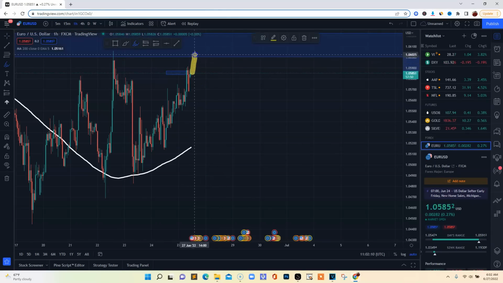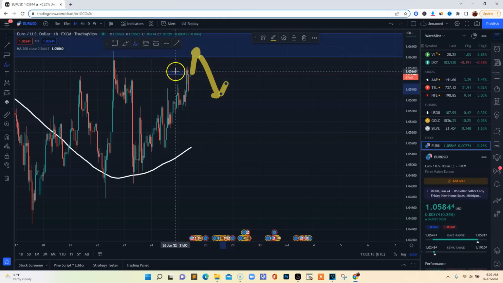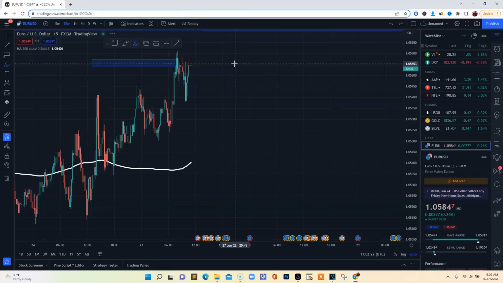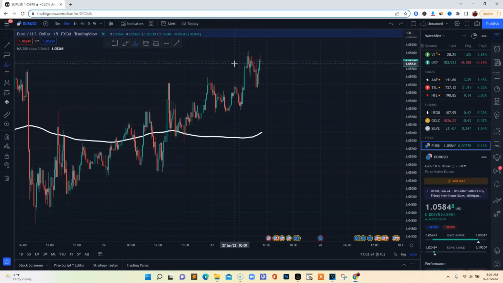You could potentially wait till we hit, look for your first sell, back down, as we did over here. And like I said, if it breaks through all of that, then you could be looking to get in on the second position and hold and ride it down. All right, so that's one.